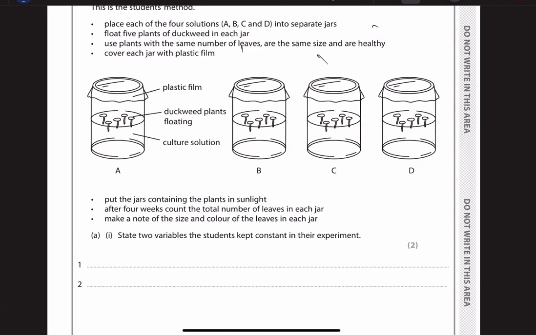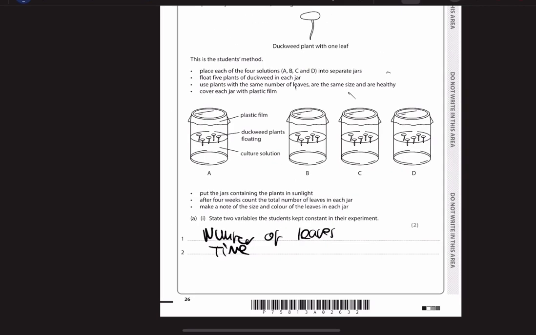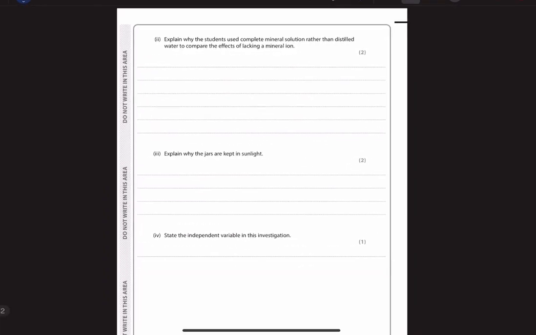Then we can say number of leaves, right? Time, they all were put out for the same amount of time. The exposure to sunlight, same species of plant. There's just a lot you can say here. Just say whatever you want.